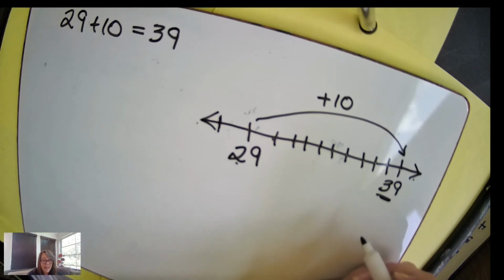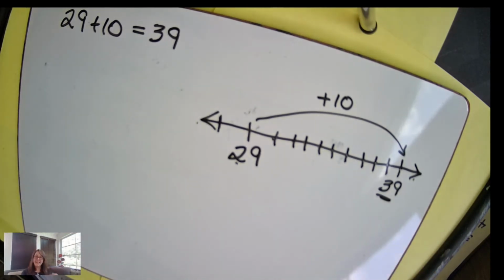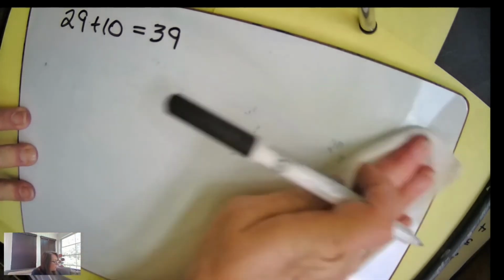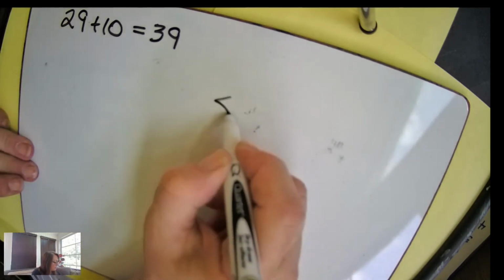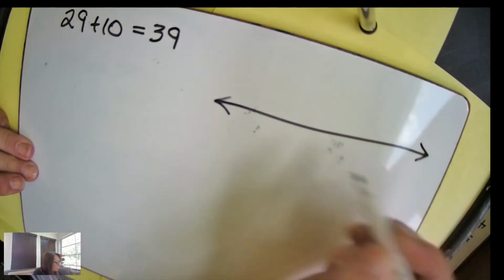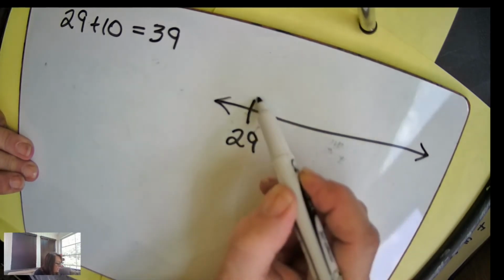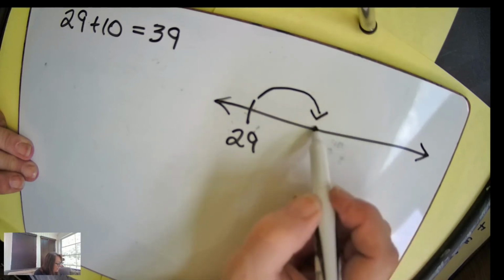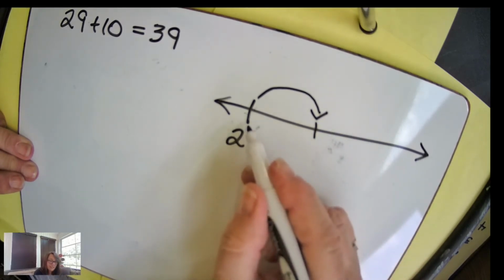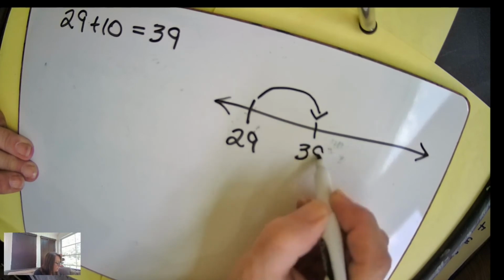But we've seen in the past that when we try to count up by ones, and we have a lot of ones to count up, sometimes it's easy to lose track. So, we can draw an open number line. Start with the number 29 and just make jumps of 10. So 29 plus 10 more is 39.